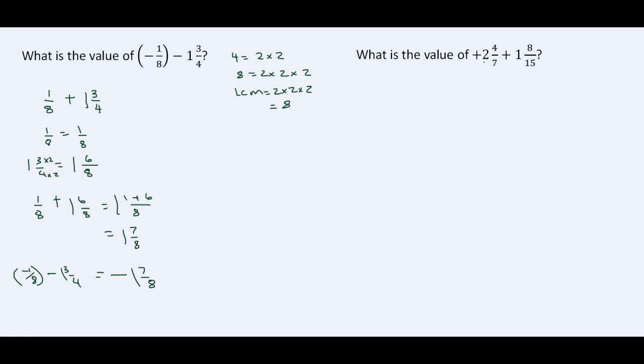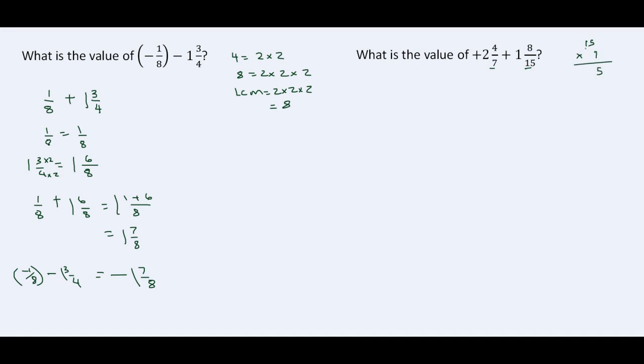Now we have 2 and 4/7 plus 1 and 8/15. So let's find the least common multiple. This is a prime number here. This is a composite number, but they have no relationship to each other in any way. So we can just multiply the denominators.